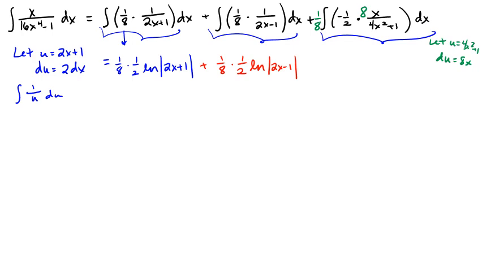When all is said and done, you should end up with plus this negative 1/2 times 1/8 times the natural log of the absolute value of 4x squared plus 1 plus the constant of integration.